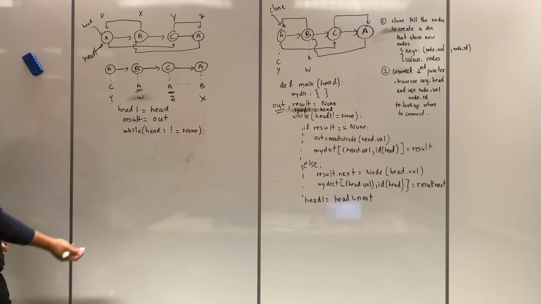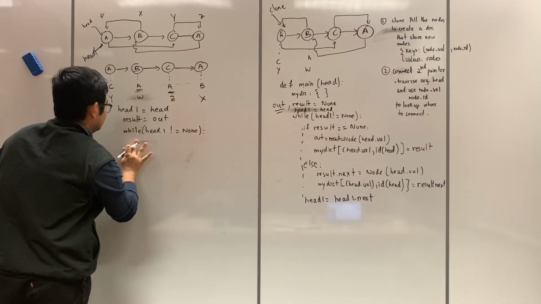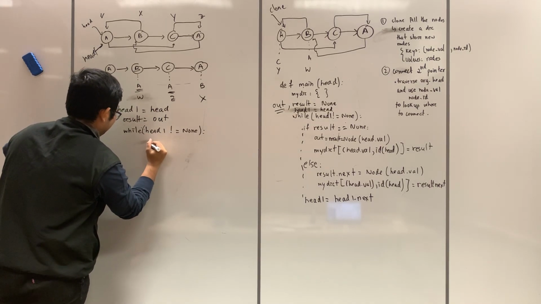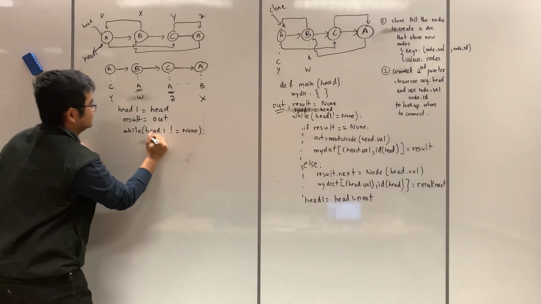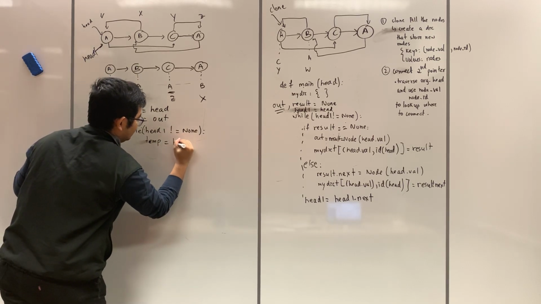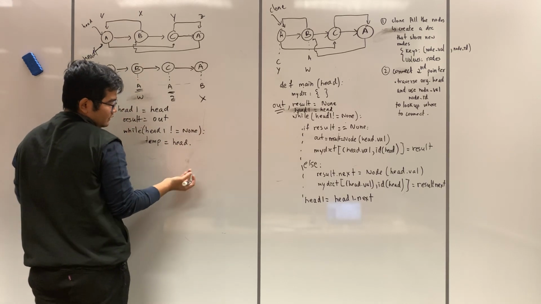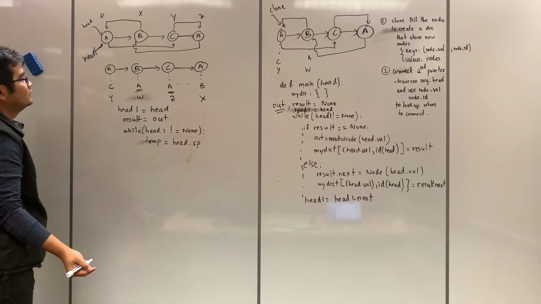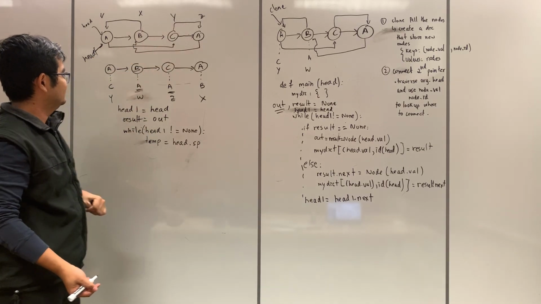It points to C. So let's call that node temp. Let's say that the second pointer is SP, second pointer. And now we get C, right?